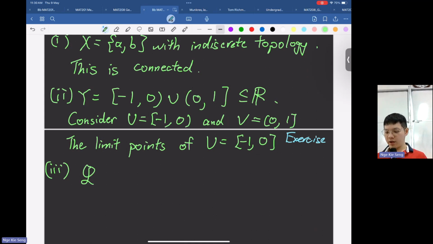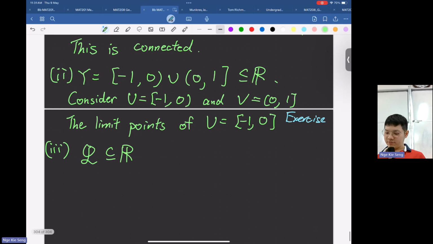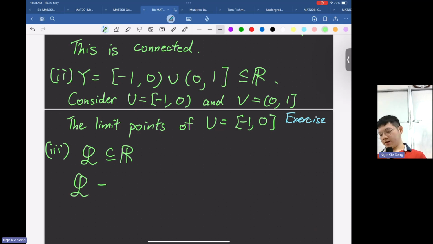Let's look at Q. How about Q, the rational numbers? Connected or disconnected? Can you find a separation for it or not? How? Sure. So you could write this as negative infinity to square root 2, union square root 2 to infinity.